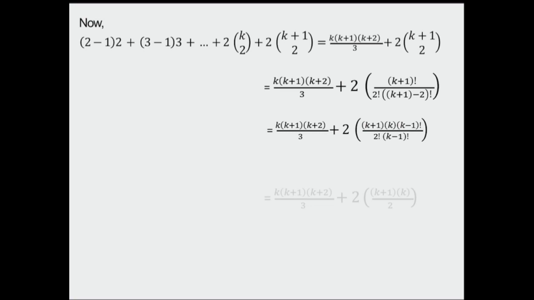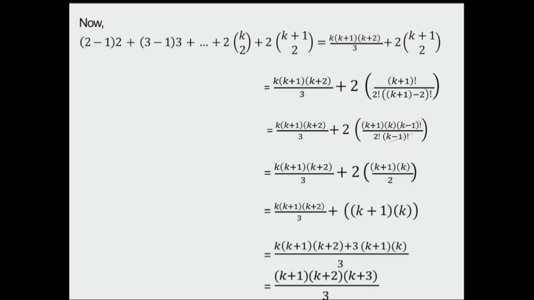Factor out the (k minus 1) factorial, then it gives us k times (k plus 1) times (k plus 2) all over 3 plus 2 times (k plus 1) times k all over 2. Cancel out 2, then it gives us k times (k plus 1) times (k plus 2) all over 3 plus (k plus 1) times k.